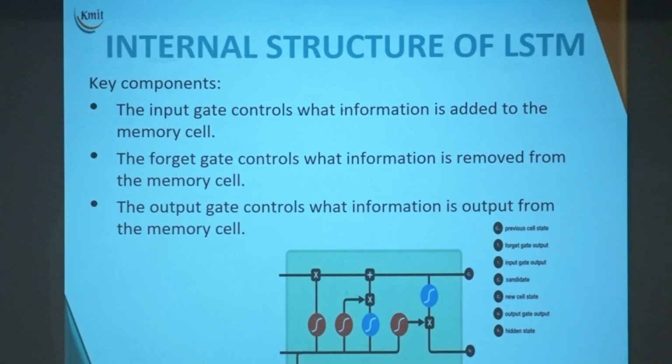There are 3 types of gates which we'll study in detail regarding their architecture. Input gate controls what information is added as input. Forget gate decides what words are useless to you, which you can forget. And output gate controls the information coming as output from that particular memory cell. So as of now, as a black box module, is the LSTM cell clear with you?